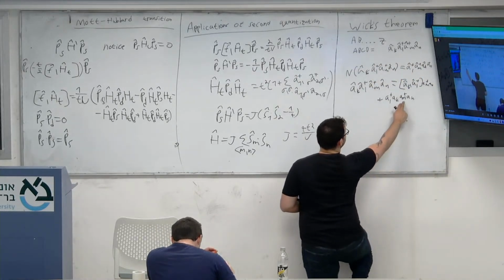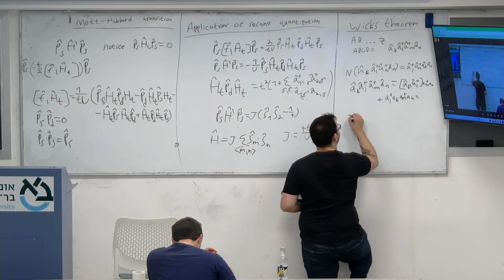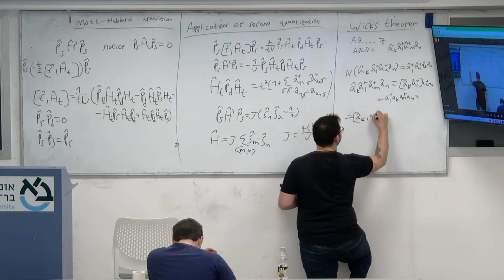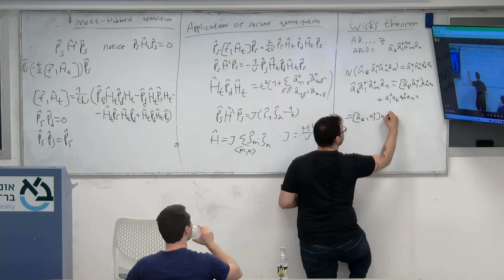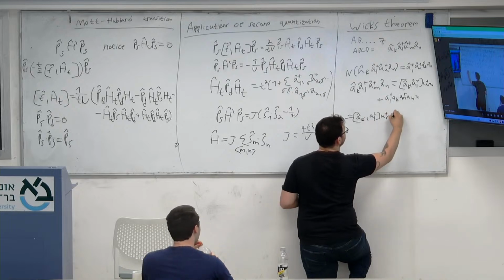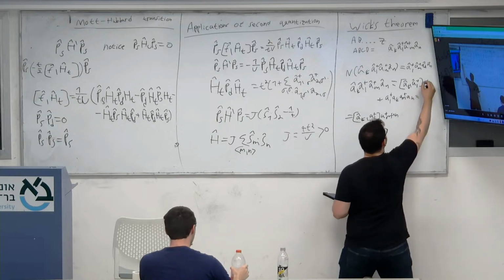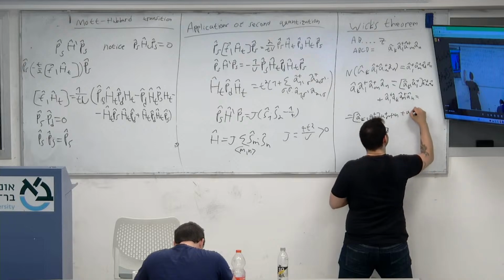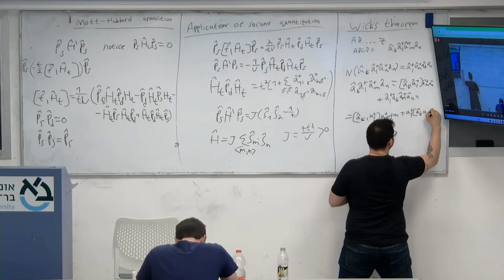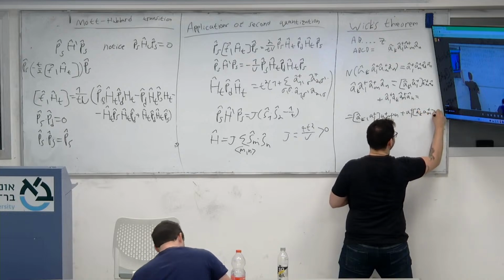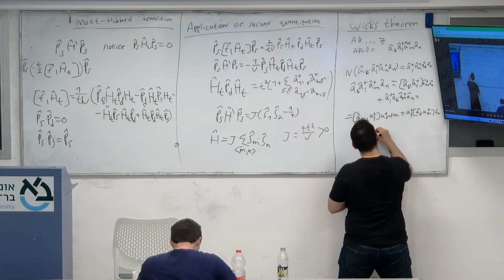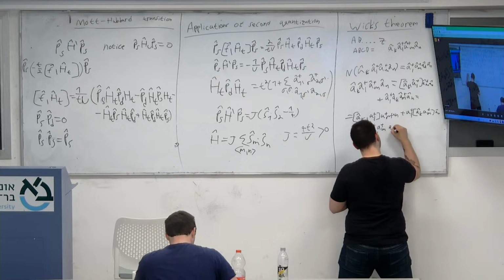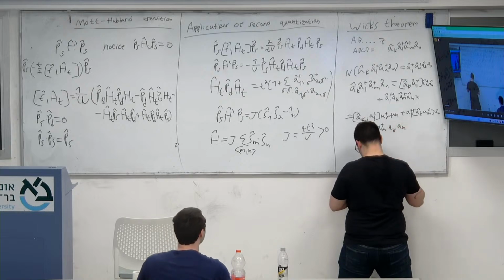Now I need to move the m outside, to the left. So it will be a_k dagger a_m dagger a_n plus a_l dagger a_k a_m dagger a_n plus a_l dagger a_m dagger a_k a_n.